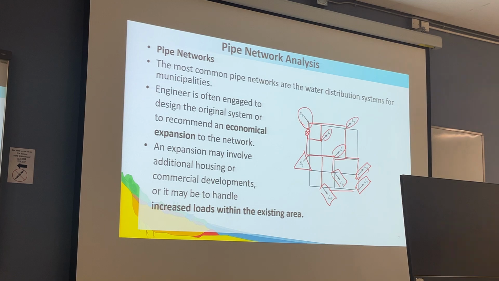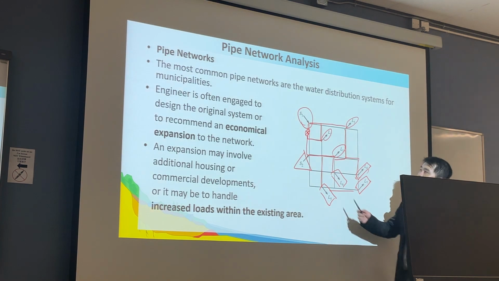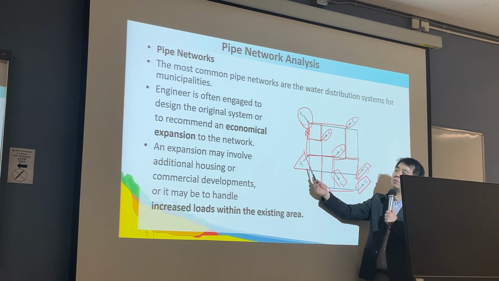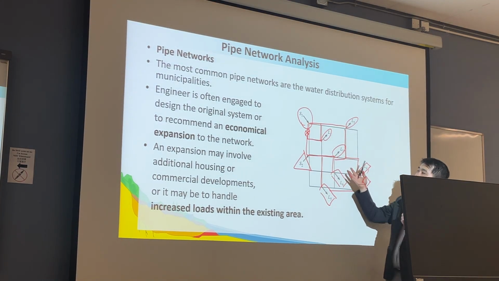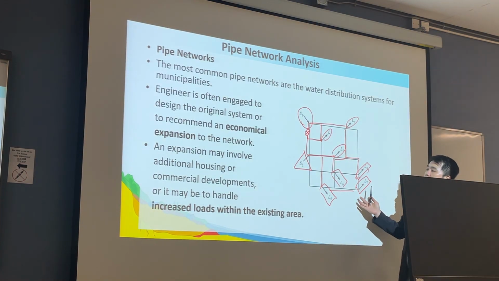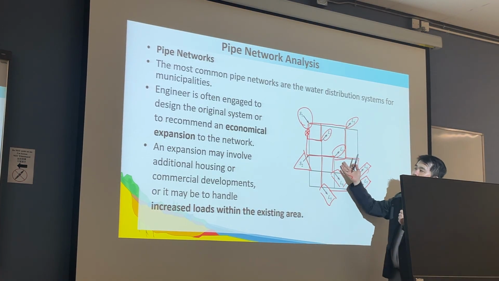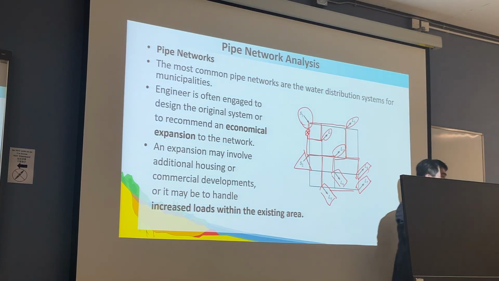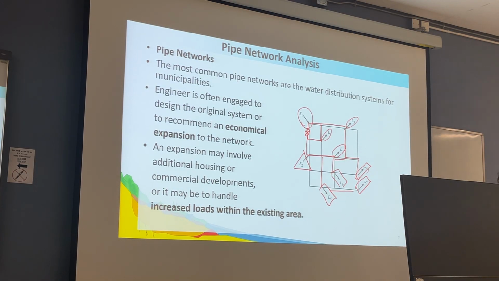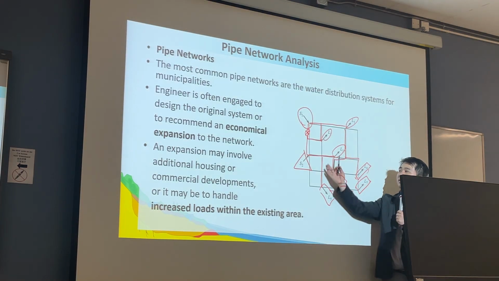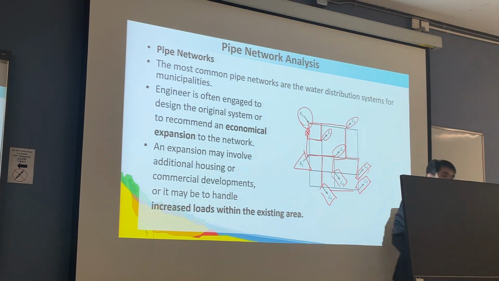So as time goes by, for an urban supply system, you may have multiple water supplies and multiple users, and the network becomes very complicated. The task is how do you know the actual flow running in the pipes in this situation.